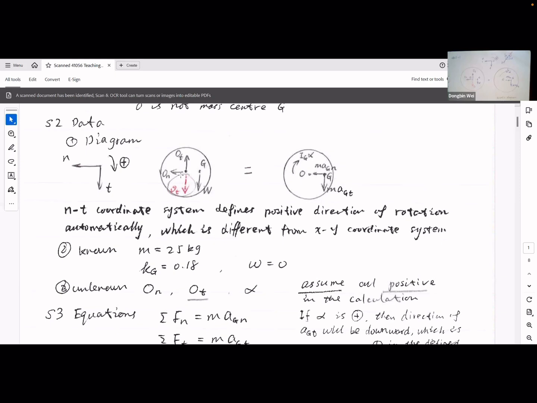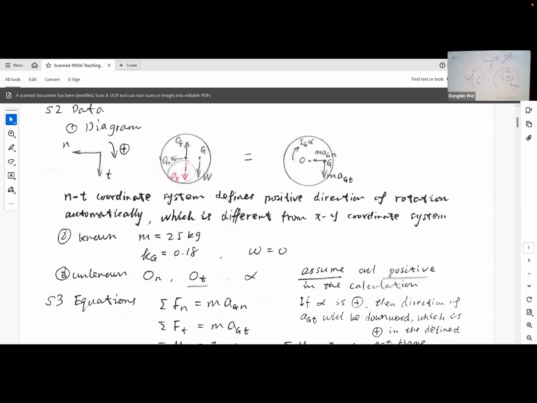For ON, the moment arm is 0. And also you know ON is 0. So only OT can generate moment, because we already assume OT is downward positive in this calculation.